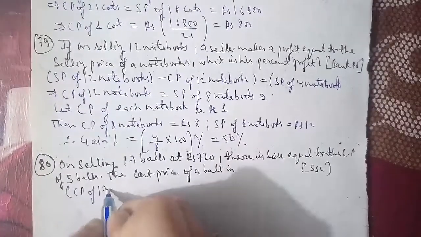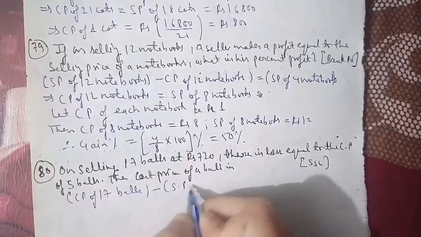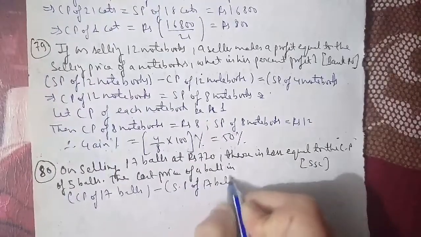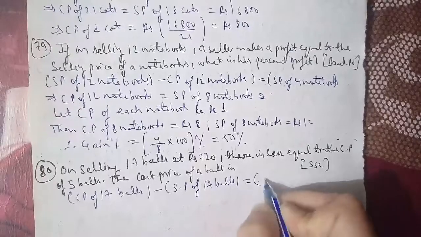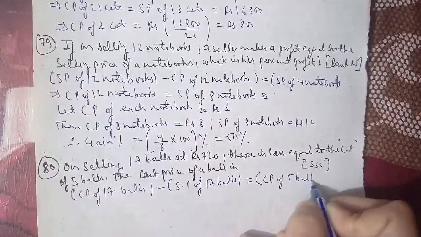CP of 17 balls minus SP of 17 balls equals CP of 5 balls.